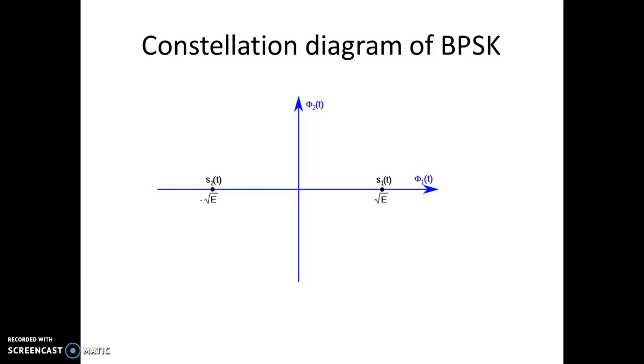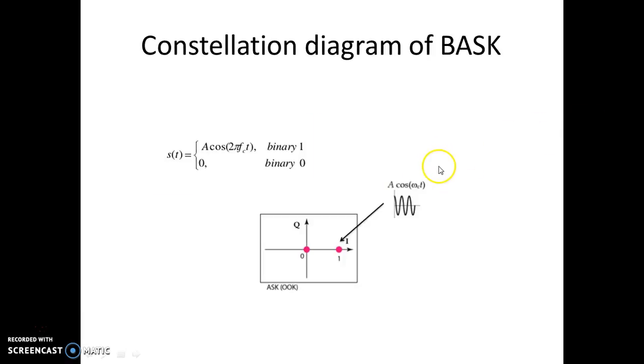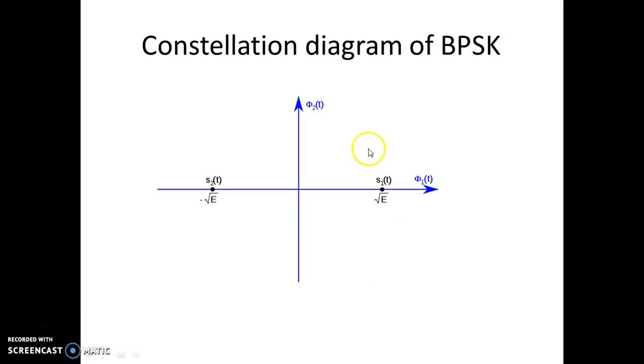The reason for root E and minus root E is a phase shift of 180 degrees. As different from amplitude shift keying, where you have only one carrier, for phase shift keying you have two carriers, phi 1 of t and phi 2 of t.